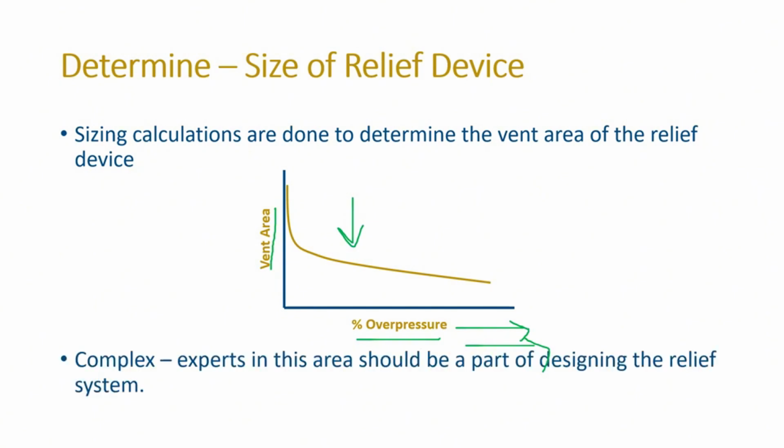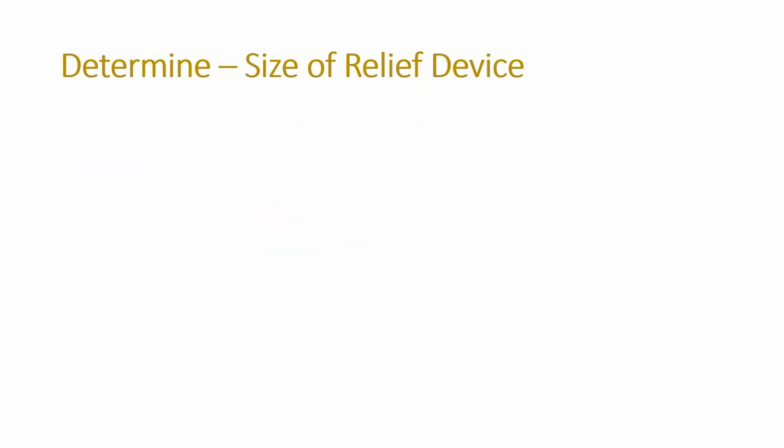The calculations that are done to size relief devices are very complex. We're really just going to scratch the surface here for one particular application as a demonstration. When looking to size relief devices, experts in this area should be used to guide the process of designing the relief system.